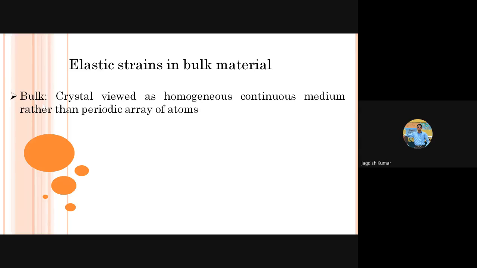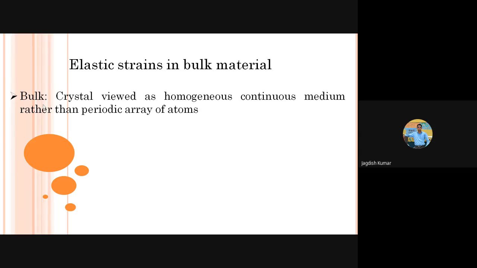Other possibilities can be like, suppose in one particular direction you cut the crystal thin enough that the thickness of the crystal is comparable to interatomic spacing. It's not exactly equal to the bond length, but it is comparable.